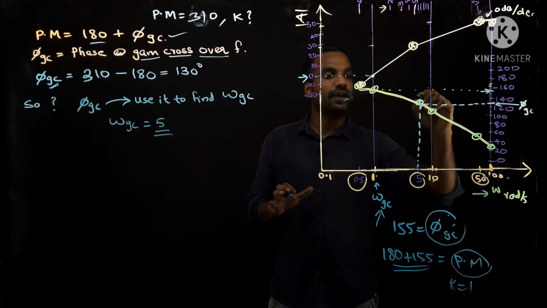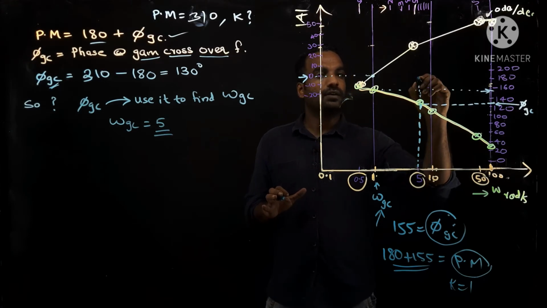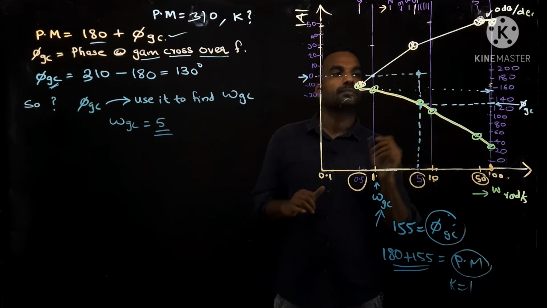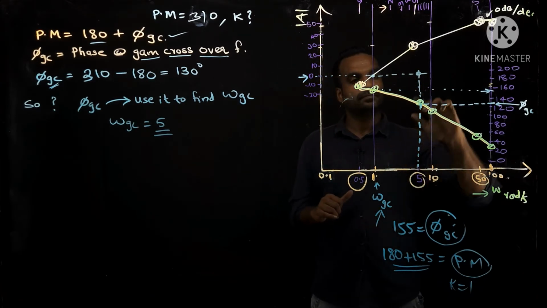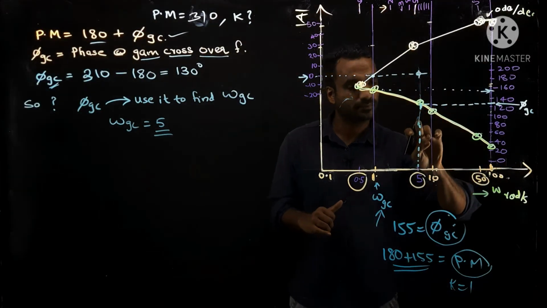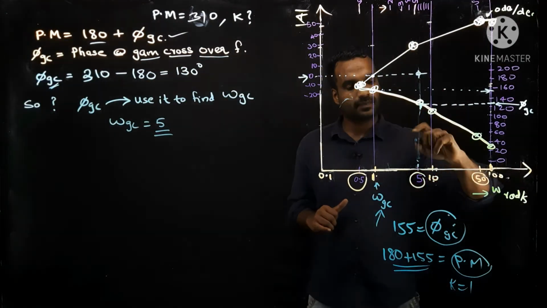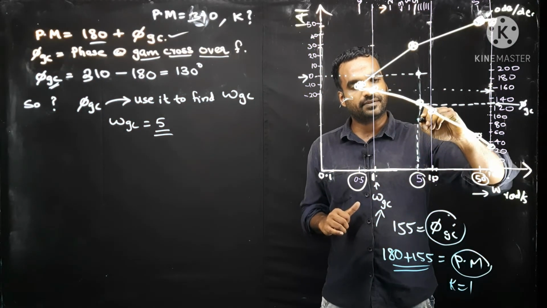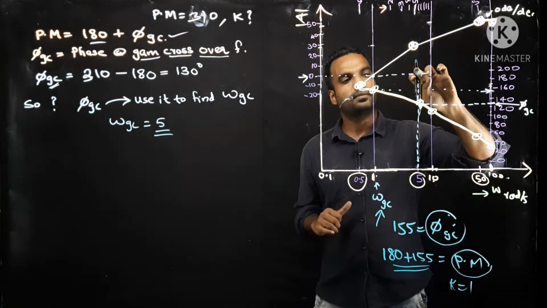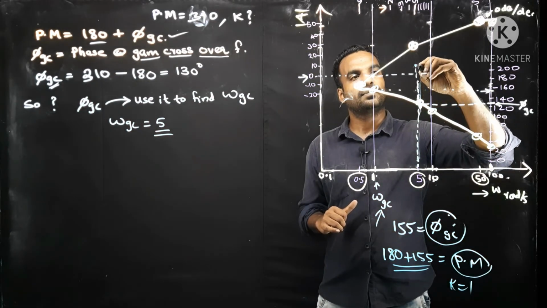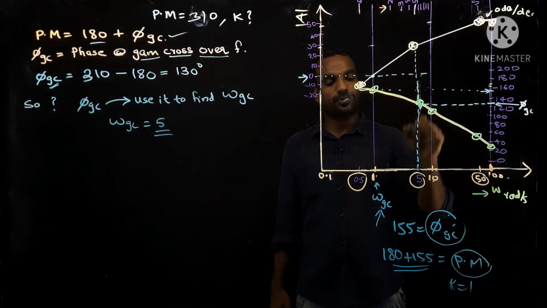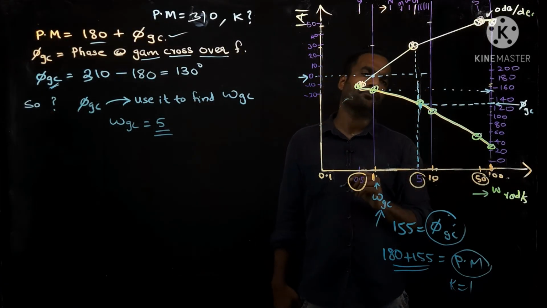So extend this 5 to the line of gain 0. Actually, draw this as a straight line. Because this point I already drew corresponding to this 5 in the Bode magnitude plot.